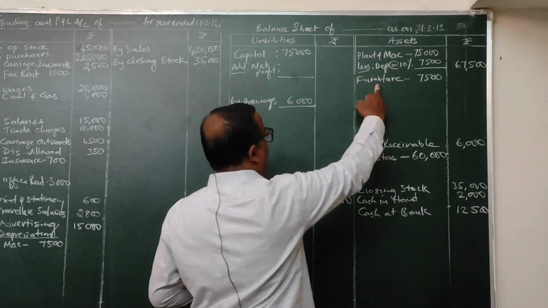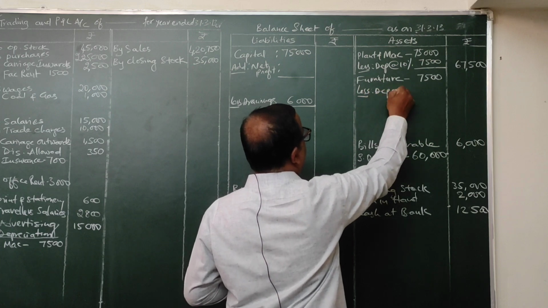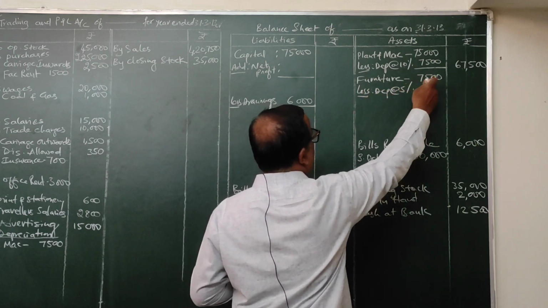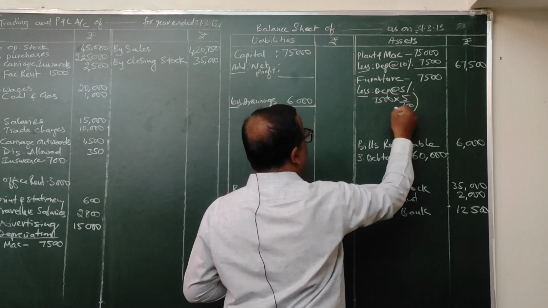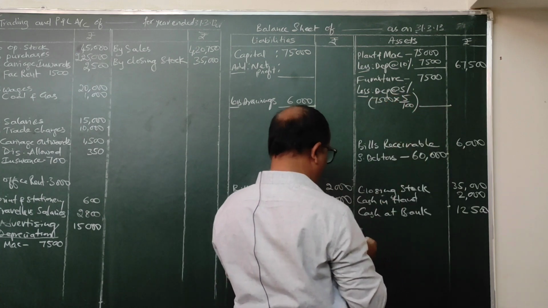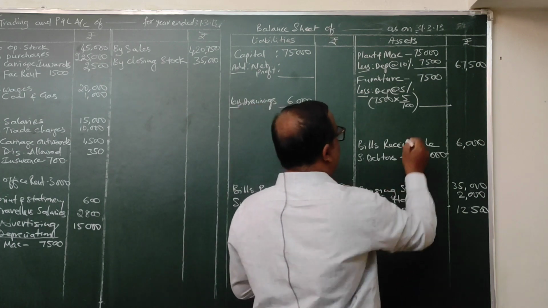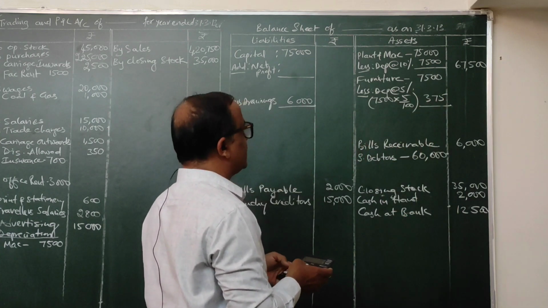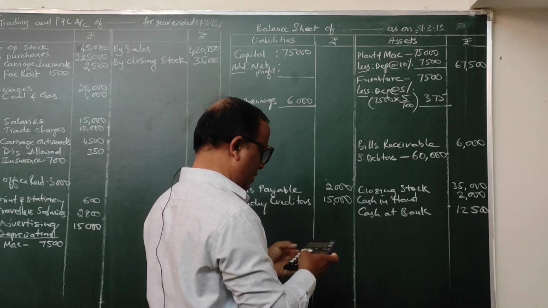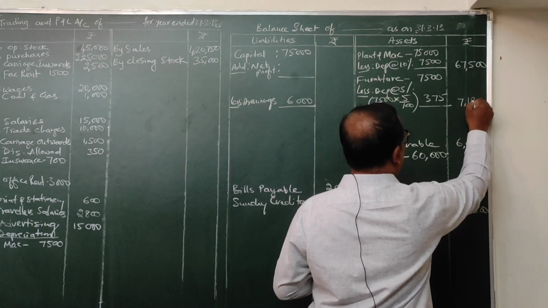5% he said. So from furniture also the same type of treatment. Less depreciation at the rate of 5%. 5% on 7,500, so how much does it amount to? Check it. 7,500 into 5%, it will be 375. So 375 if we subtract from 7,500, the remaining will be 7,125.